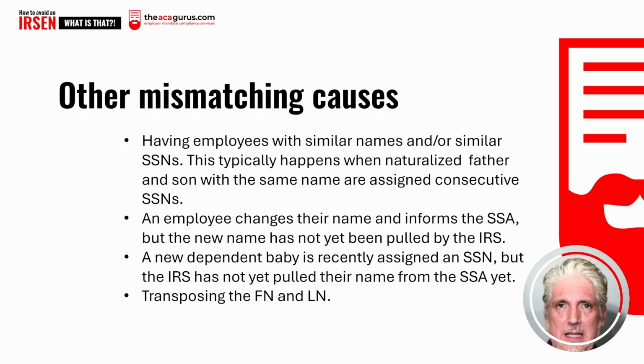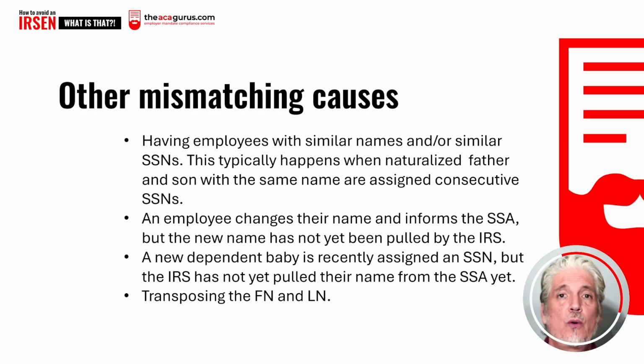So sometimes it happens that within the company they transpose those, or say, oh, this might be a mistake, it's a certain person, and then they eliminate one of them and just keep one of the Social Security numbers. So just be careful that when you have a father-son situation that have been naturalized, be sure to note that their Social Security numbers may be consecutive, and they're not a repeated entry.